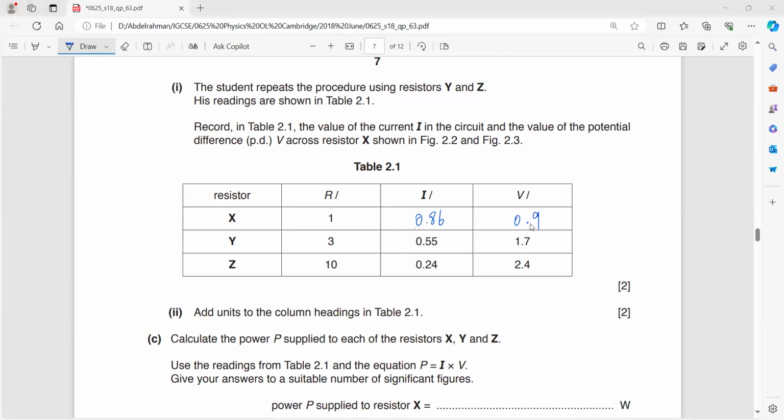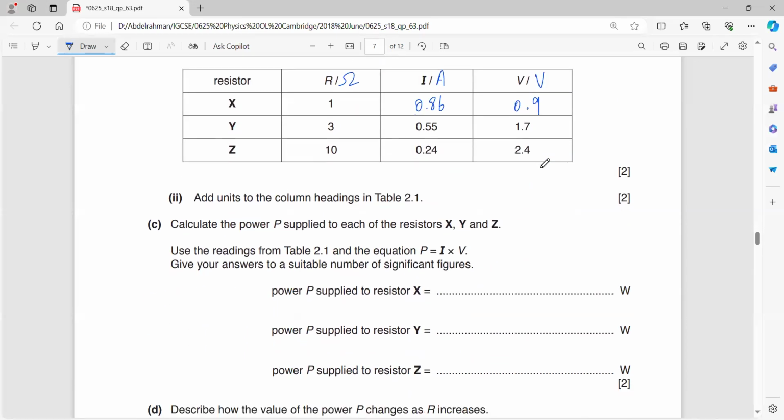Can I write down the column headings? Column headings R, I, and V. What are the column headings? Ohms, I in A, amperes, and then V.